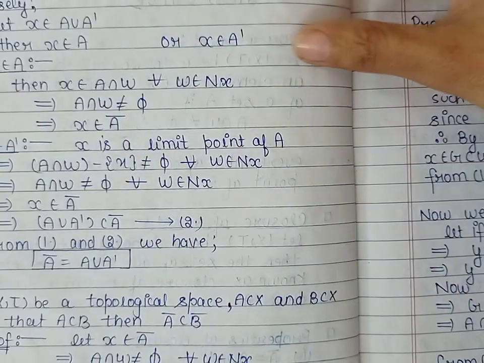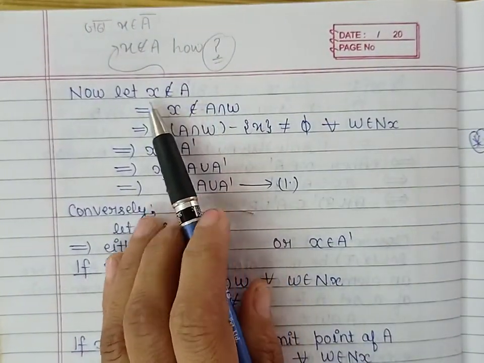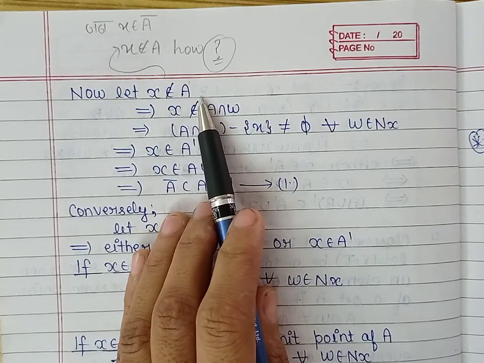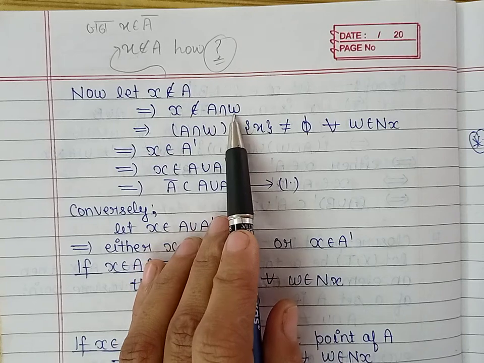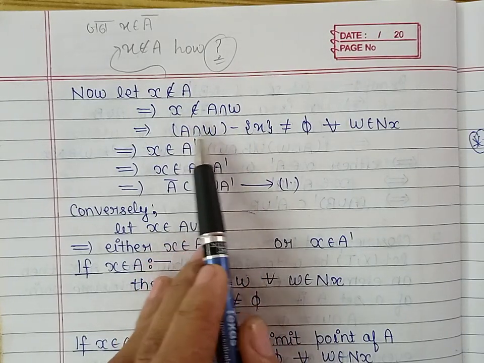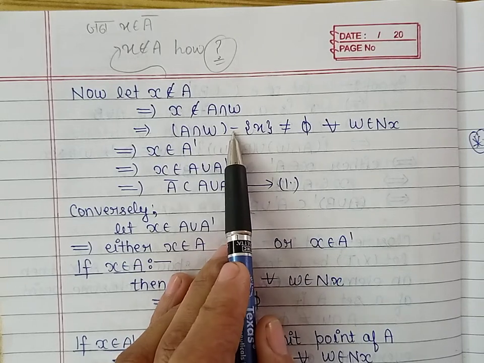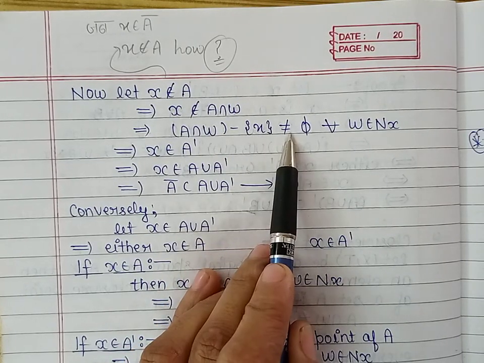So let us take the case when x does not belong to A. Because x does not belong to A, x cannot be in the intersection of A and W. It means the intersection of A with W excluding singleton x is not equal to phi.